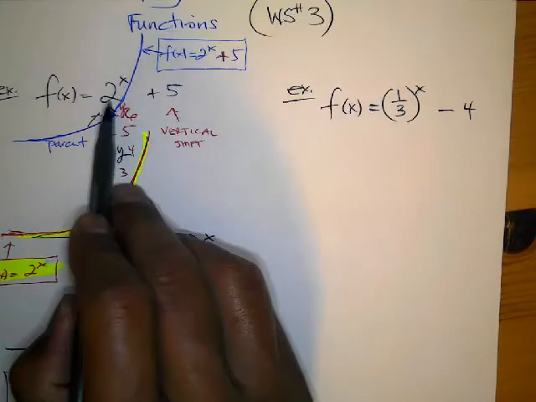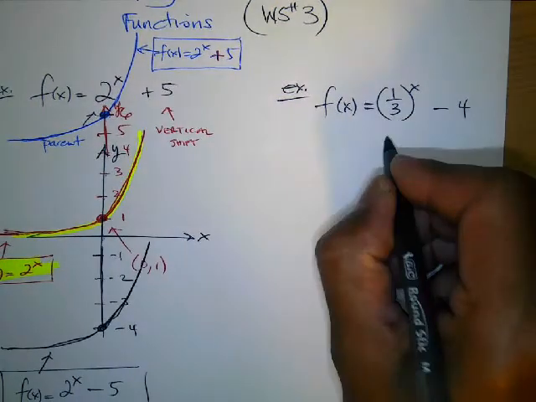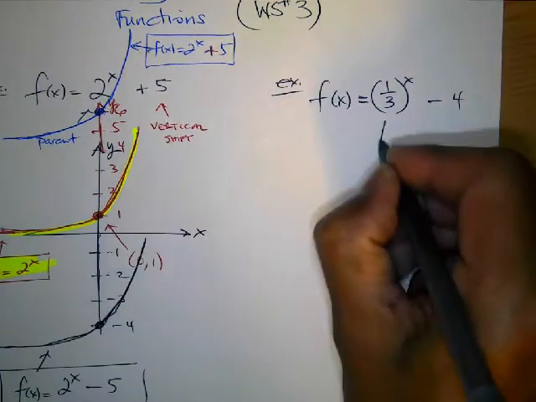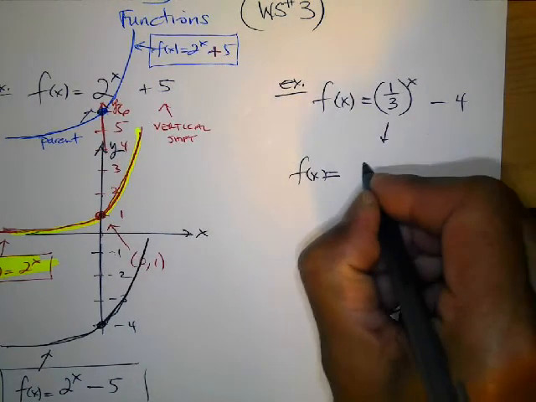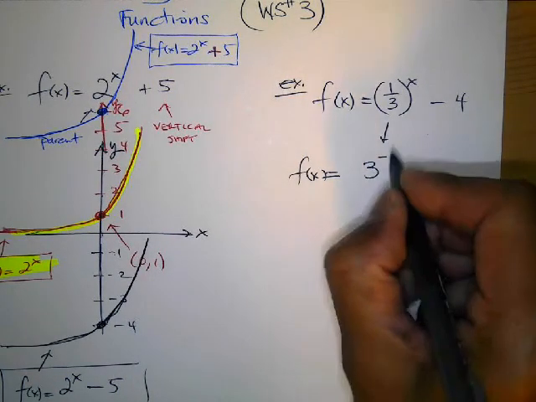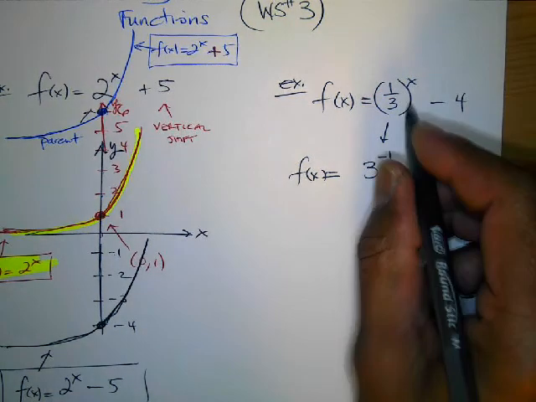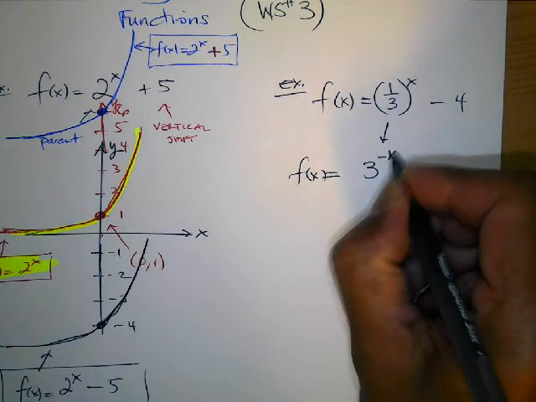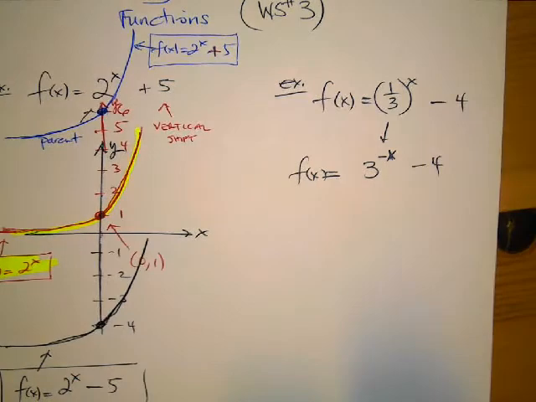You can see it like this if you want, but so that you can see a base and an exponent, I would rather you change it and make it look like this. f of x is equal to 3 to the power of negative 1 times x, so 3 to the power of negative 1x, and then minus 4.